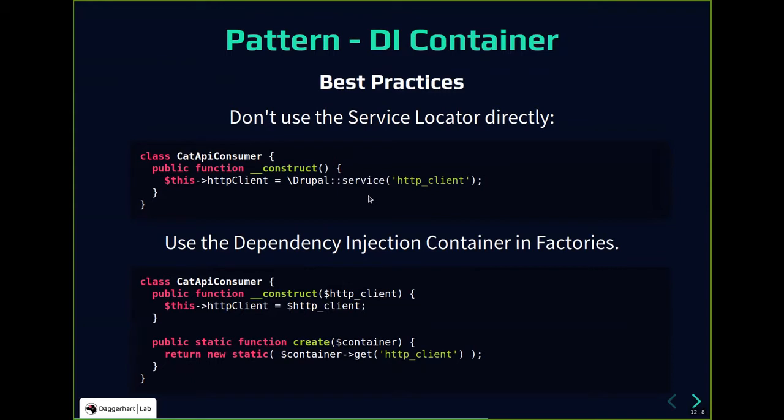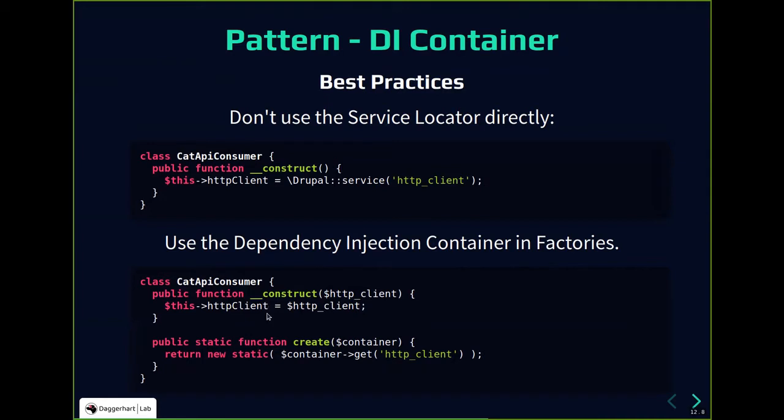We don't ever care about the service locator. Instead, we're going to use the dependency injection container to get services that may already exist and pass those services into our class like normal dependencies in the constructor in a good way.